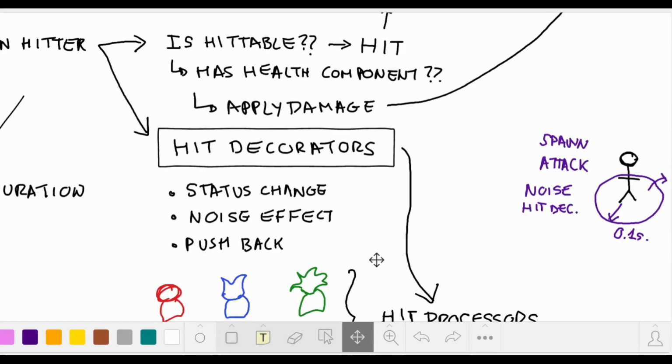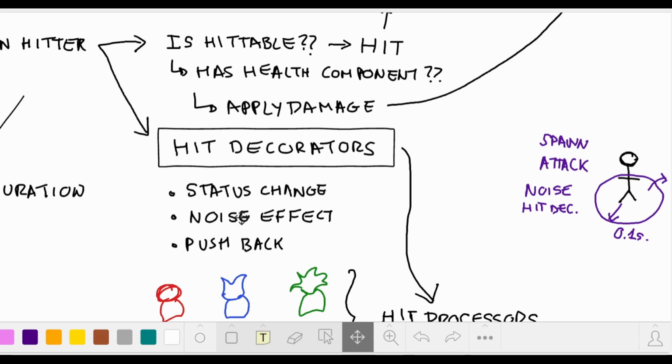As an example, we can have hit decorators which change the status of our entities, or which produce a noise effect, or which just push back the target. You can define any hit decorator that comes to your mind. And this is what actually makes this system quite generic and usable in many scenarios.